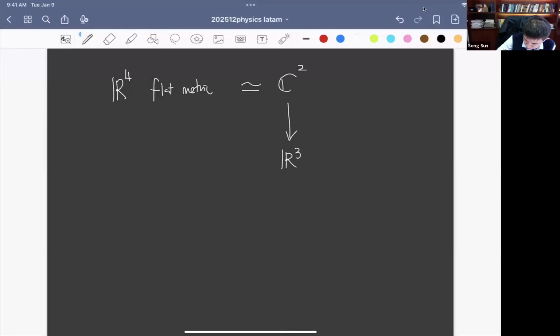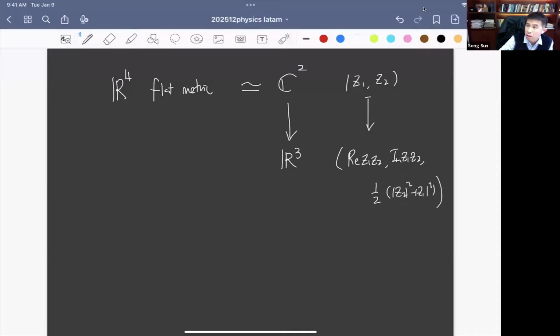And this map (z1, z2) is defined as the real part of z1 z2, the imaginary part of z1 z2, and 1/2 (|z2|² − |z1|²). And this S1 action on C2 is given by e^{iθ}, e^{−iθ}.